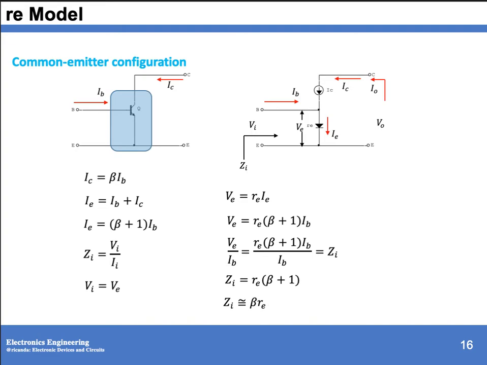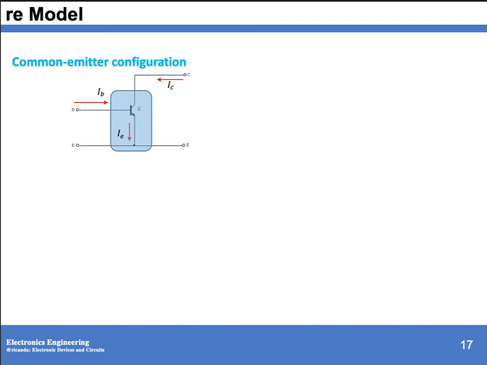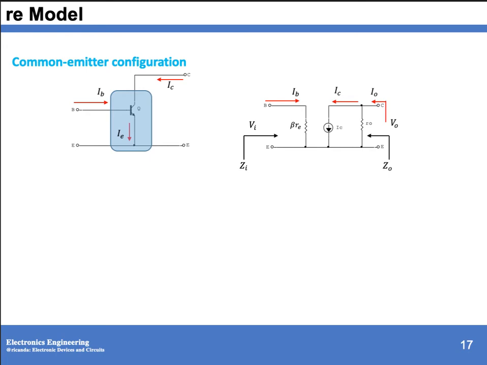If we redraw the circuit using this input impedance, beta RE, this is now your equivalent model. We have your beta RE at the input side, and we have your BO across your RO, and we have your IC. So this is IB, IC, IO, input impedance, and output impedance.